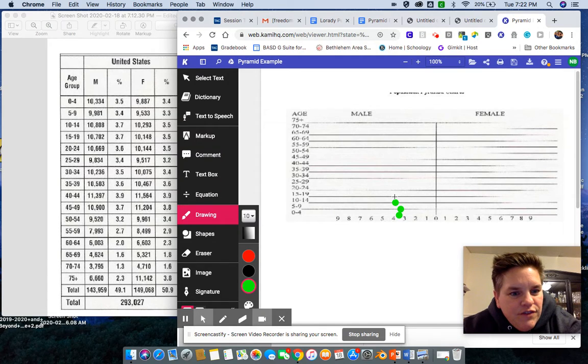Then 15 to 19 years of age for a male, 3.7 of the population, so it's the same. And then 20 to 24, 3.6, so it's a little bit different. And then 25 to 29 is 3.4, so we're getting back on the other side of 3.5 at the bottom there.